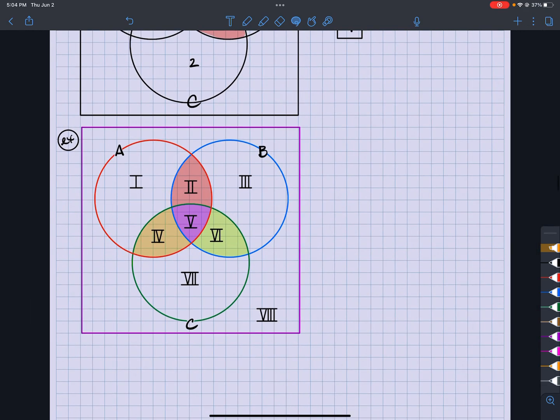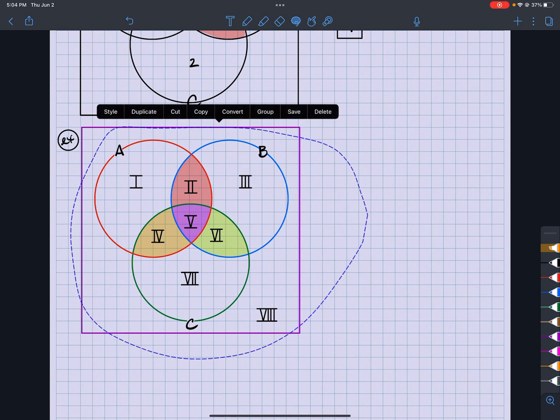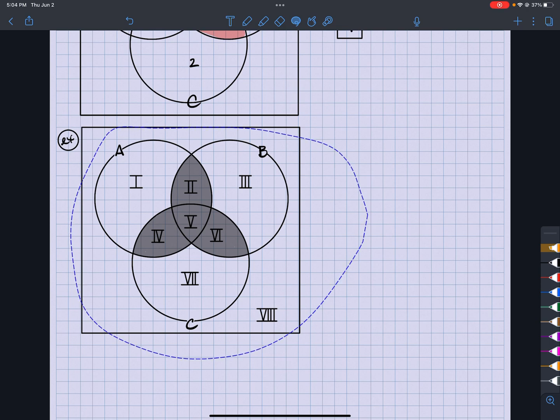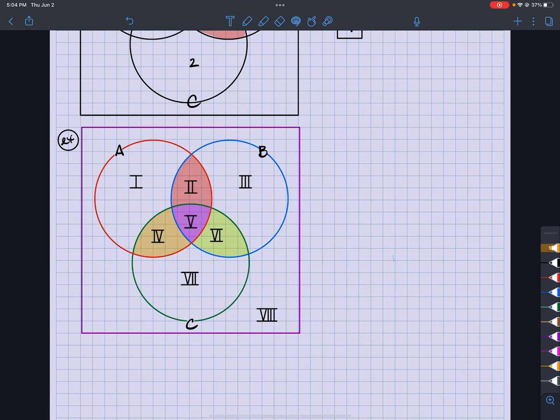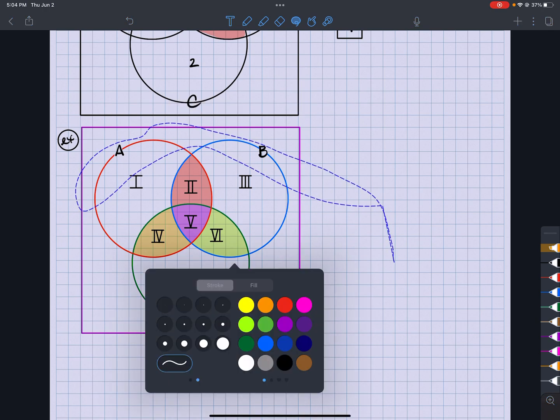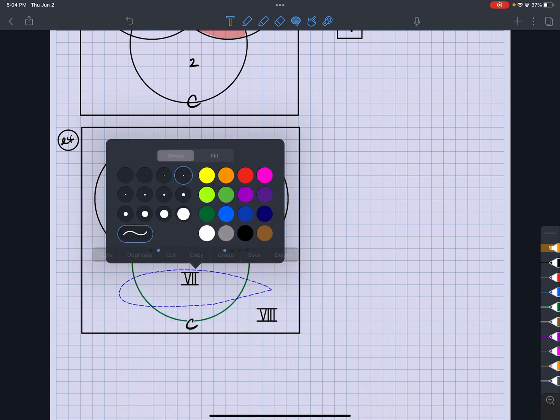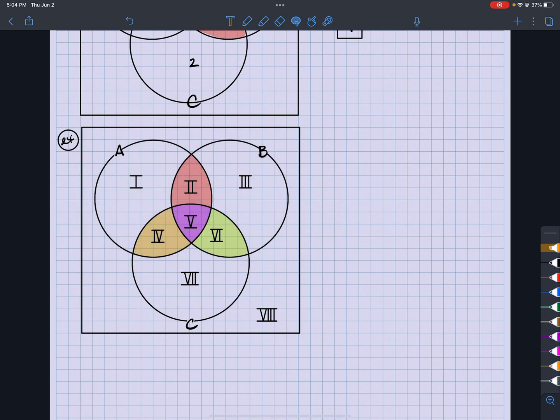Let me also make all this the same color. Boom. Oh, that's not what I wanted. There we go. That's better.